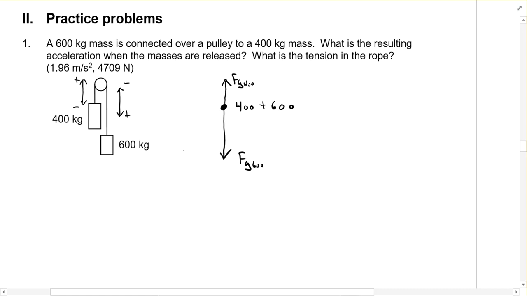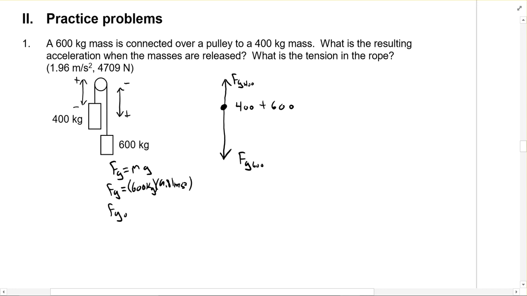So let's figure out what the force of gravity is for both of those. Fg for this one is going to be mass times gravity. So Fg would be 600 kilograms times 9.81 meters per second squared.